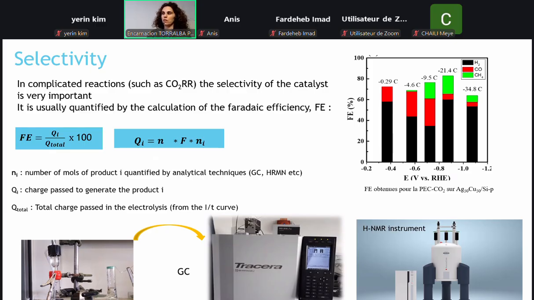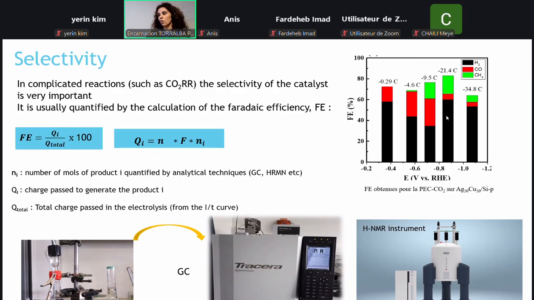But there are already things working with CH4, with methane. But you see, depending on the potential, here, for example, if I apply only minus 0.4 volts, I have a lot of hydrogen and carbon monoxide. And it changes with the potential, the product distribution changes.